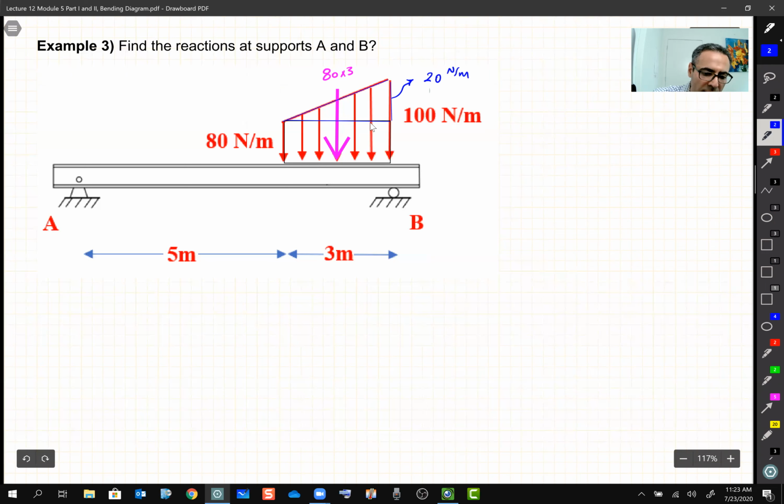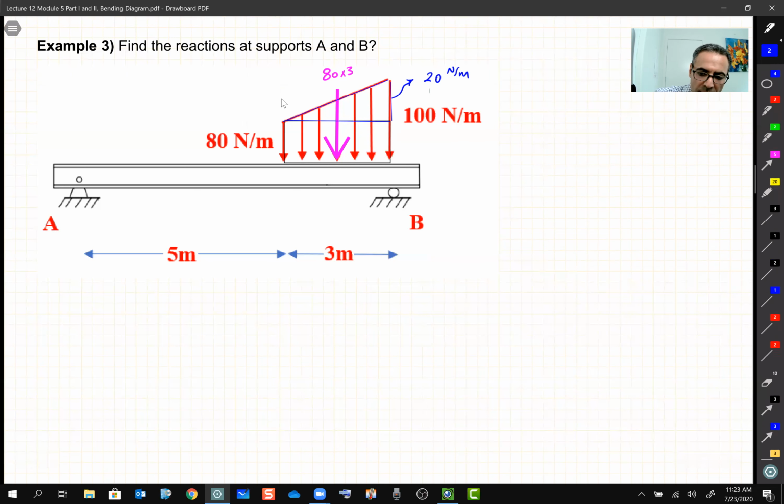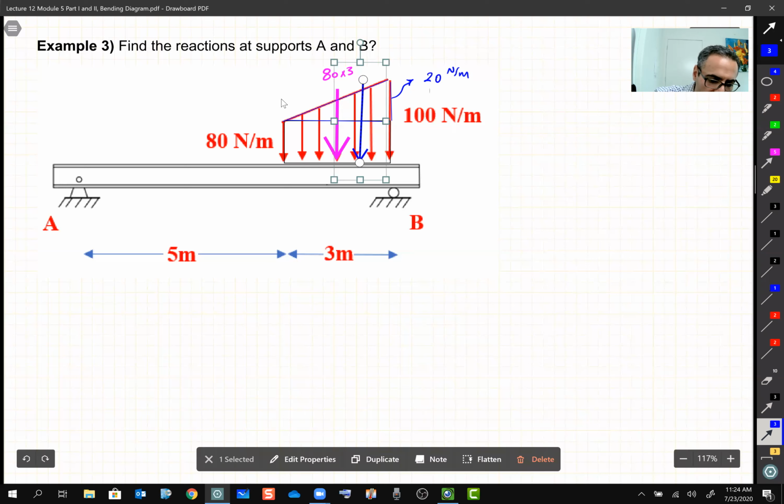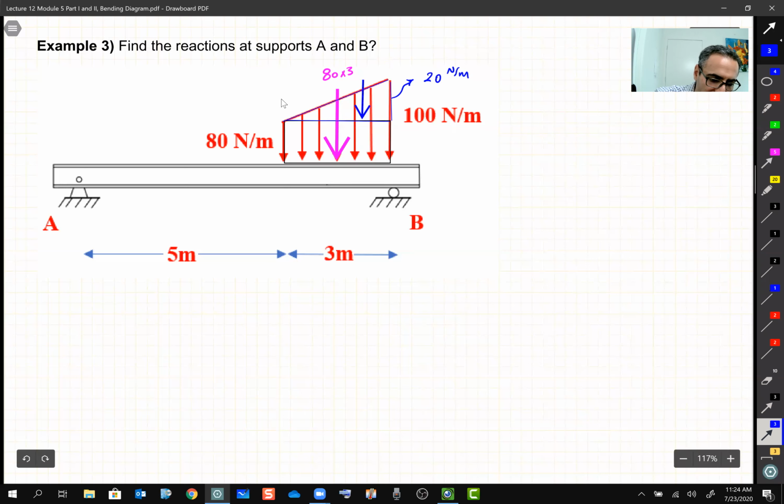Because already we cut this 80 portion of it, and we're just left with this triangle. So in that sense, the equivalent of this one is going to be something like that. And I bring it all the way down there because if I put it up there, see, it's just in the air. We don't like that, right?